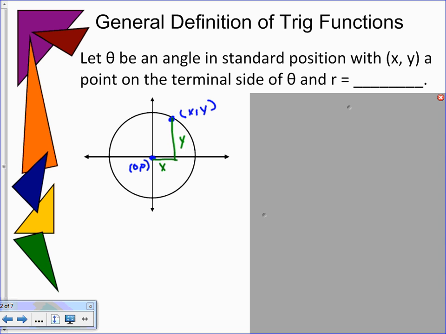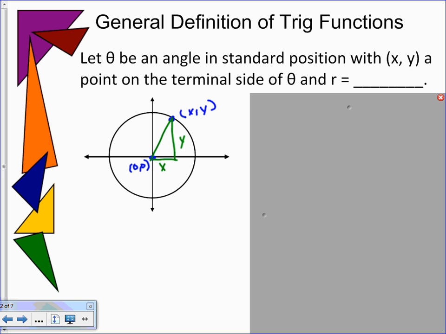Now, the reason I have this circle here is we're going to draw in an extra side, and it's going to connect your XY to your origin, 0, 0. And we're going to call that specifically R for radius.